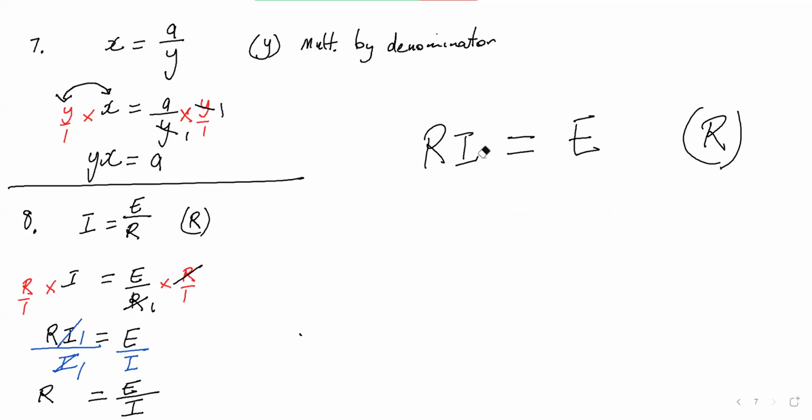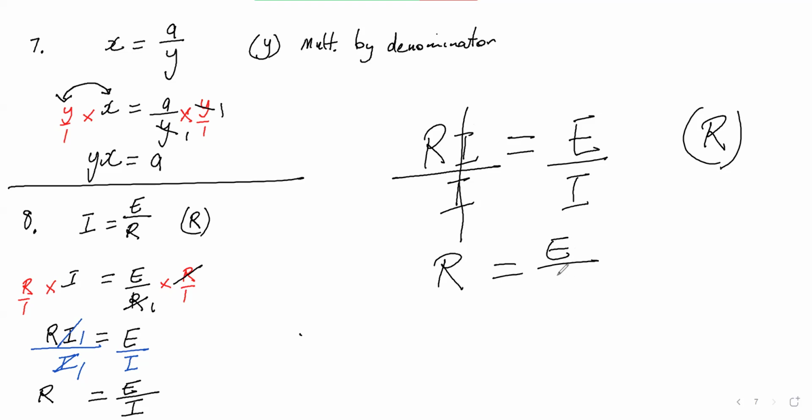Now, you want to find for R. So that means you have to get rid of the letter next to the R. But since it's multiply, therefore, all you do is divide by I. Whatever you do on one side, you must do on the next. So R is equal to E over I.